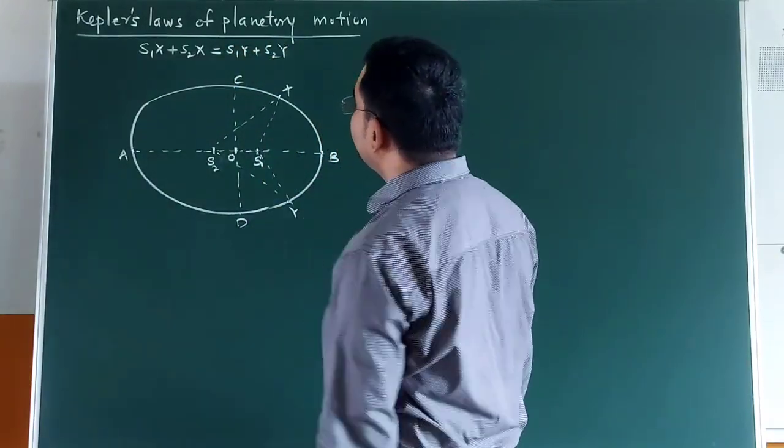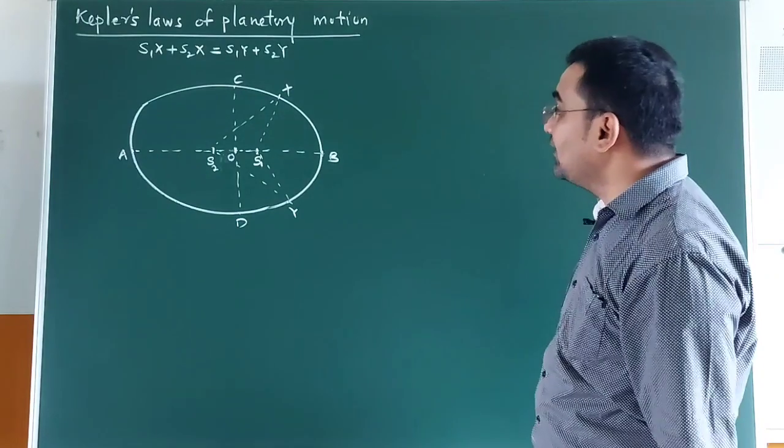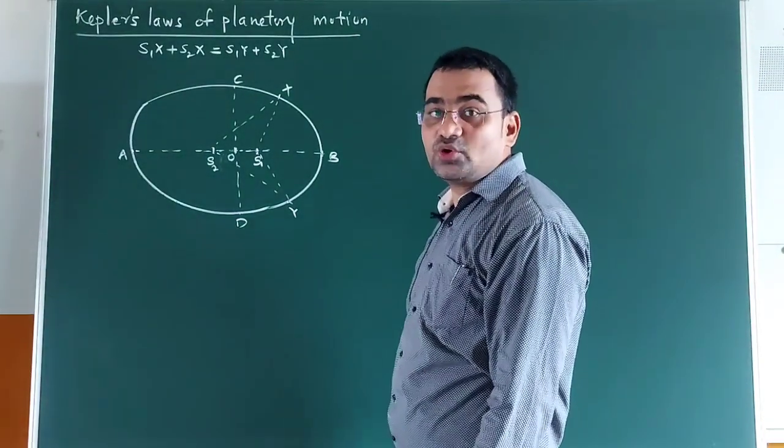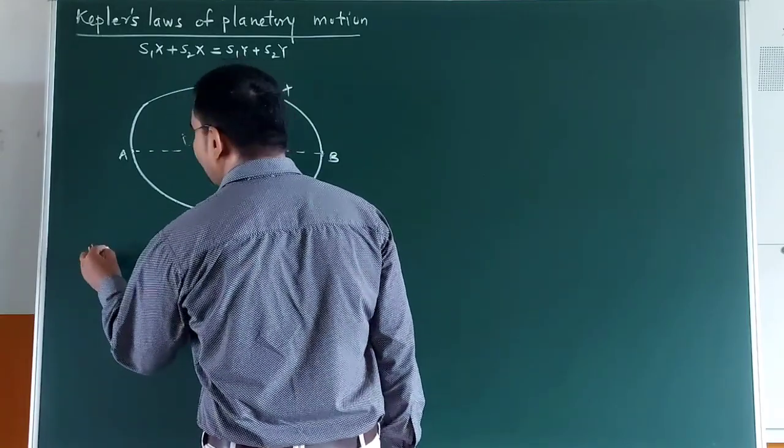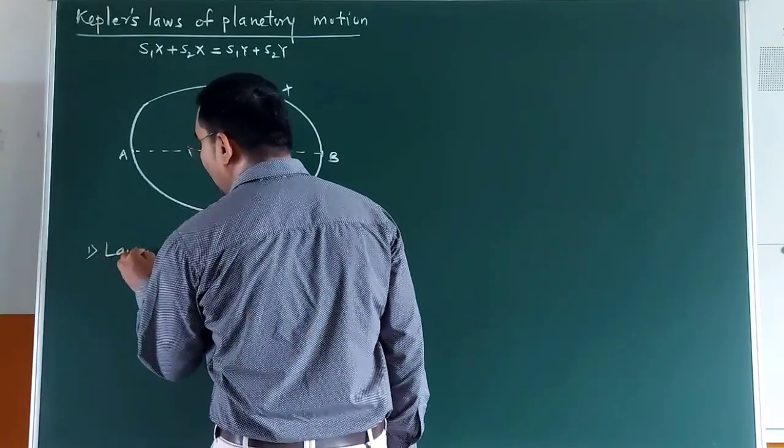This property of the ellipse is called the focus-directrix property, and using this property we are going to state three laws. The first law stated by Sir Kepler was the law of orbit.